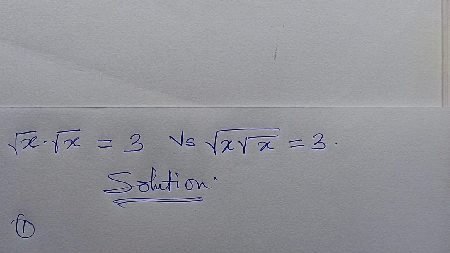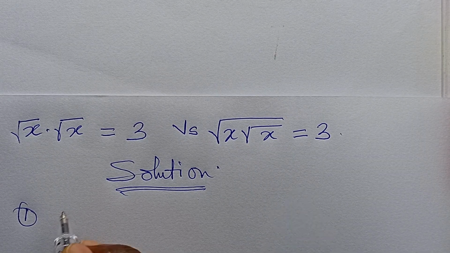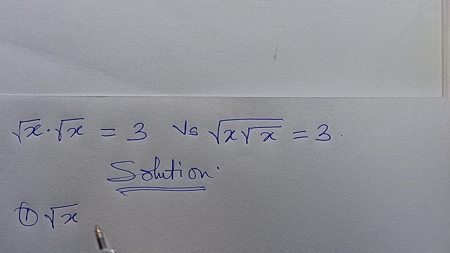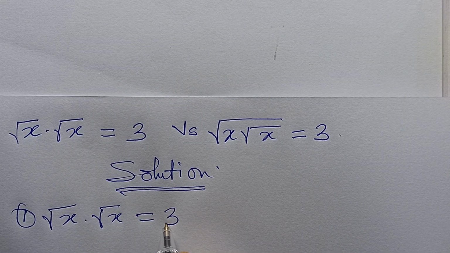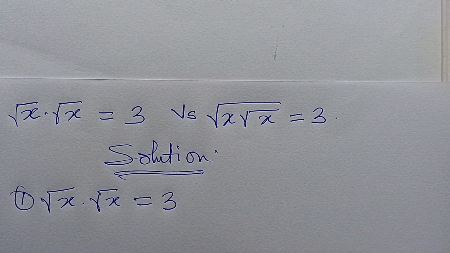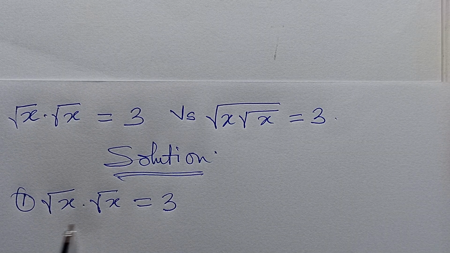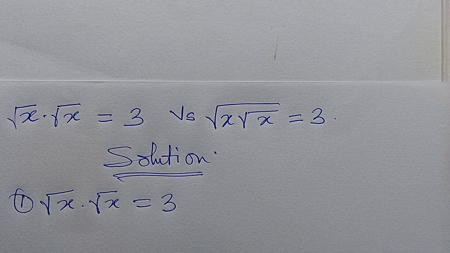Question number one: we have the square root of x times the square root of x equal to 3. Now we can either apply the law of surds to solve this, or we rewrite the radical. Either way, we're going to get the same answer.